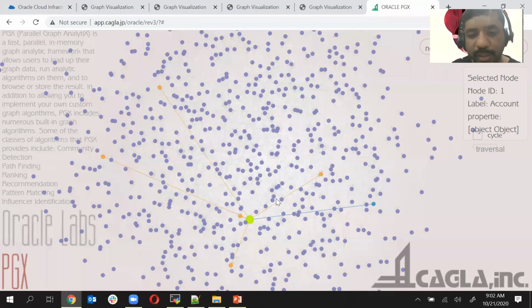So now if you look here, we have the node ID 1 and the various nodes in that particular financial transaction, which was again picked from the similar query. So if we need to find out the cycles involved with node ID 1, we can then click on the cycle, and we can see that it has generated the cycle here.